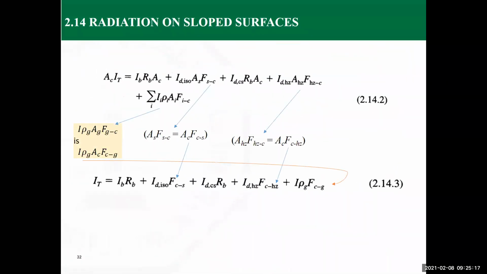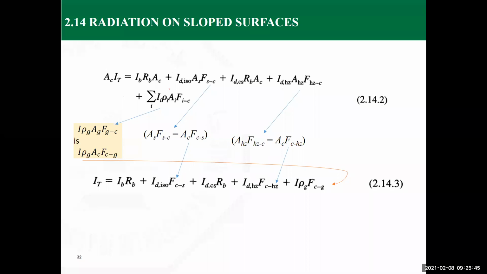And I brought that here in this slide so that you can see this kind of change. We are moving from equation 2.14.2, the radiation for sloped surfaces, from the original expression that we have written into an expression which is simplified by using the radiation shape factor expressions, as you can see here. So what we did going from equation 2 to equation 3 is a couple of things.